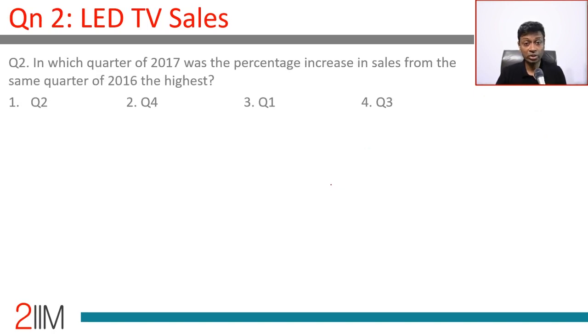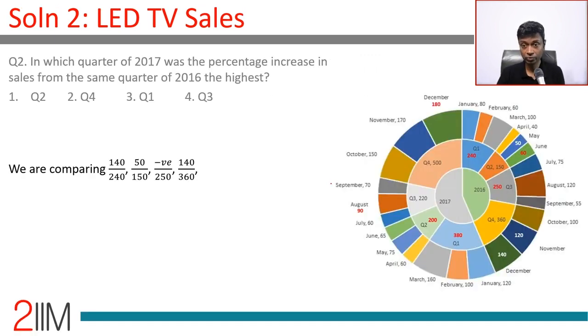In which quarter of 2017 was the percentage increase in sales from the same quarter of 2016 the highest? So 2016 to 2017, Q1 to Q1 was 140 by 240. This is in Q1. 240 to 380, an increase of 140 on a base of 240. Q2 to Q2, 150 to 200, increase of 50 on a base of 150.